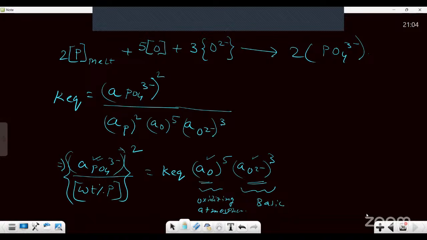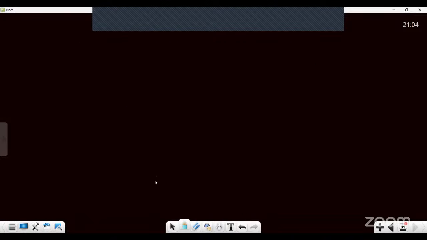But you see, when we blow a lot of oxygen during the latter part of the steel making process, phosphorus reversal also takes place, and this is a big problem.